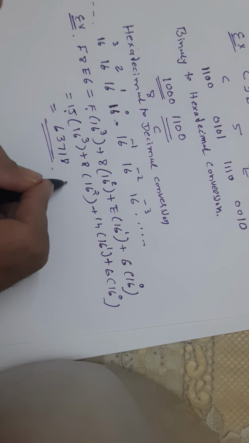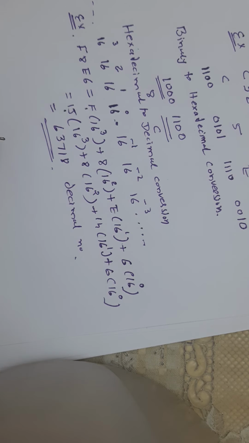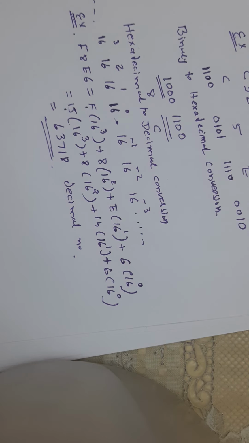This is the decimal number. So in this way, we convert hexadecimal into decimal.